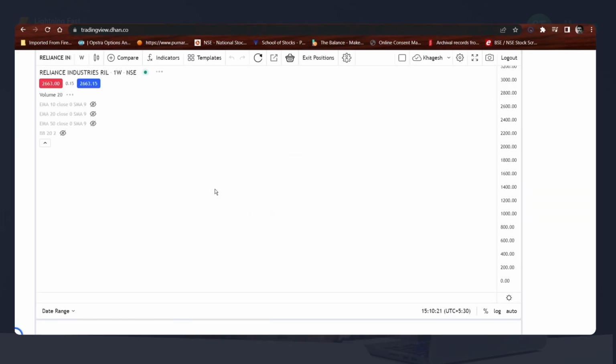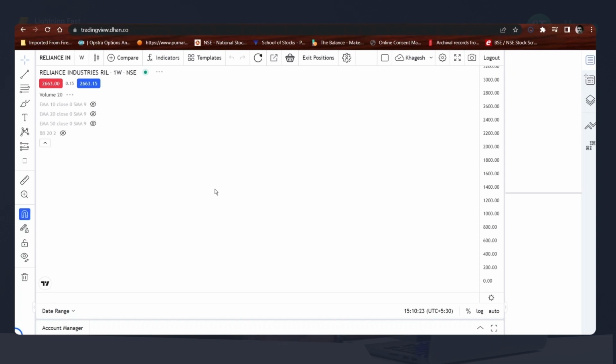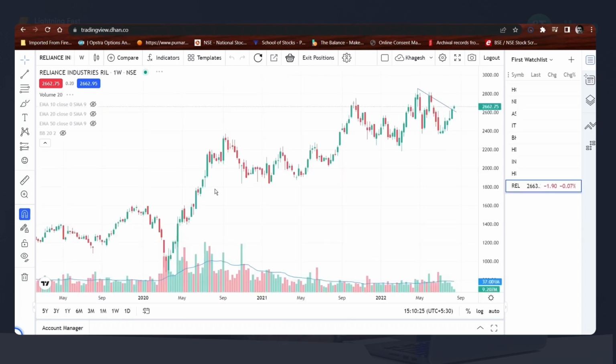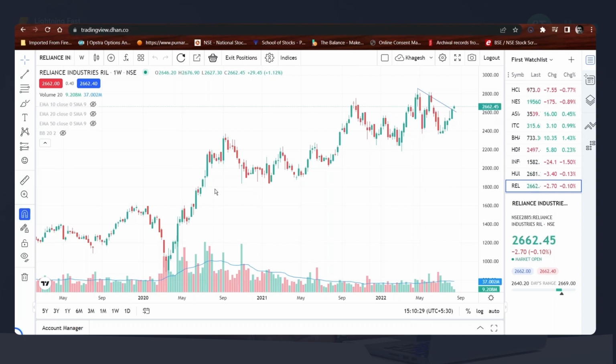So once you log in, you are directly taken to the charting platform where you can search for your stock and start applying the indicators. So let's use the Reliance chart which has opened up by default and let's keep it as a raw chart. I will remove every other indicator that I have applied here.